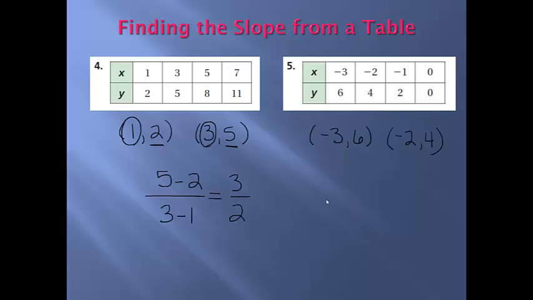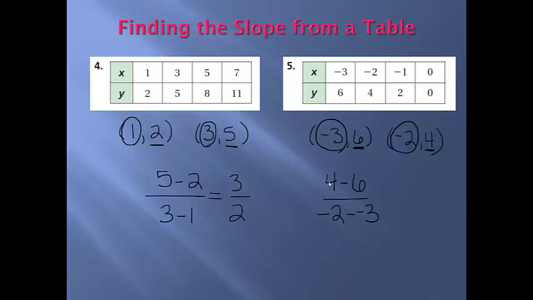So for our change in y, we have 4 in the second ordered pair, and we have 6 in the first ordered pair. So we have 4 minus 6. And then for x, we have a -2 in the second ordered pair, minus -3 in the first ordered pair.